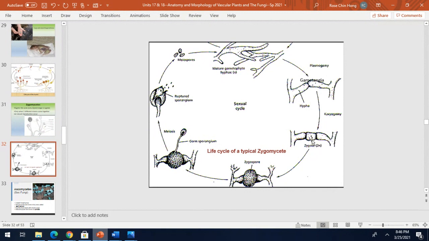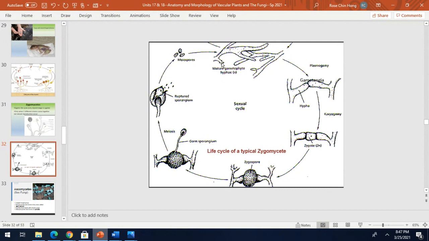And from here, it will develop a zygospore, and then from the zygospore, you'll have the sporangium that develops while it goes through meiosis. And then what happens is, once it ruptures, it will make the meiospores. So once it goes through meiosis, from the 2N, the meiospores will be haplontic.